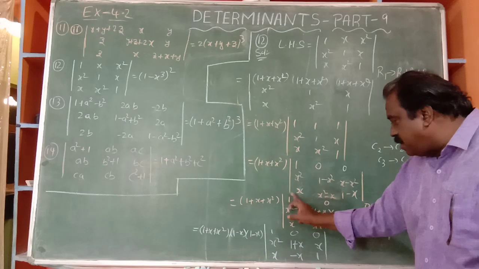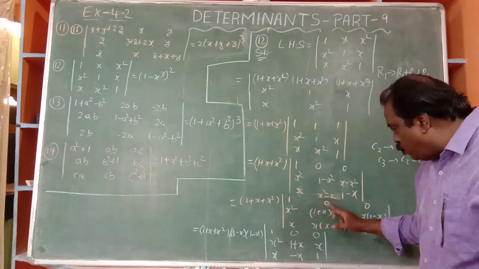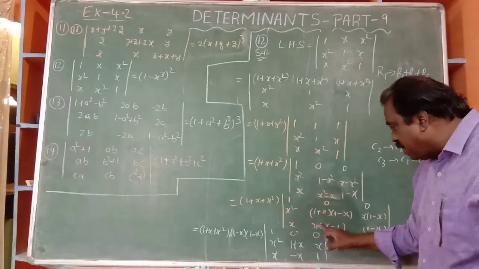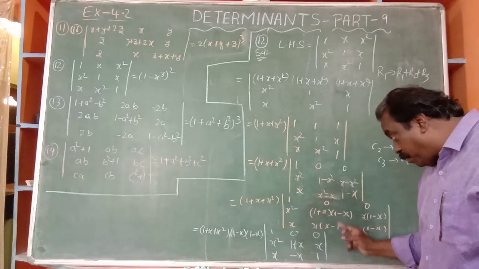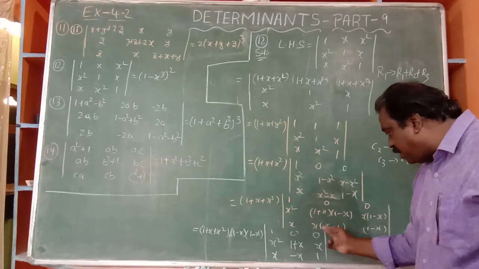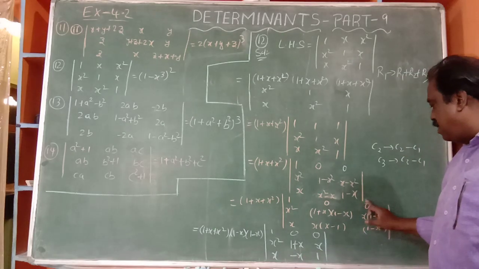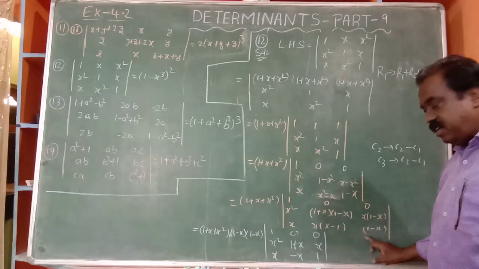Now the first column remains as it is. The second column is 0, 1 plus x only, with 1 minus x taken as common. And here it is x of 1 minus x, not there; x minus 1 is there. If you change to 1 minus x, we get a minus. Be careful. And here it is 0, here remains 1, here is x, here is 1.